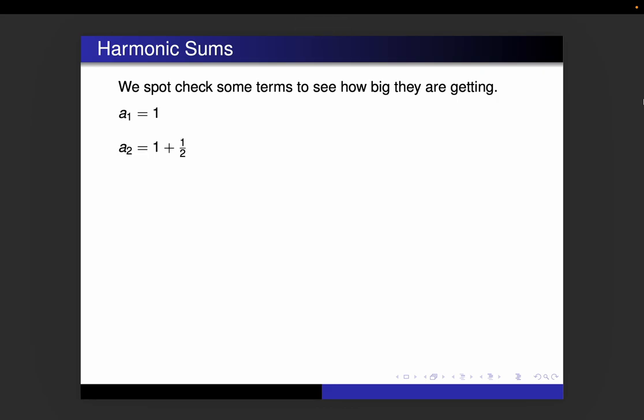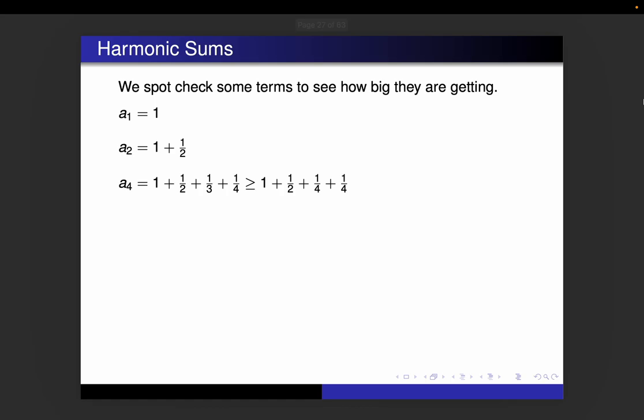I guess we could simplify that to 3/2, but I'm going to leave it there just to see if we can use that to find some patterns. I'm going to skip a_3 and go right to a_4. We have 1 + 1/2 + 1/3 + 1/4. And notice that if we replace that 1/3 with 1/4, we'll actually make that sum smaller, but we'll make it a little easier to simplify.